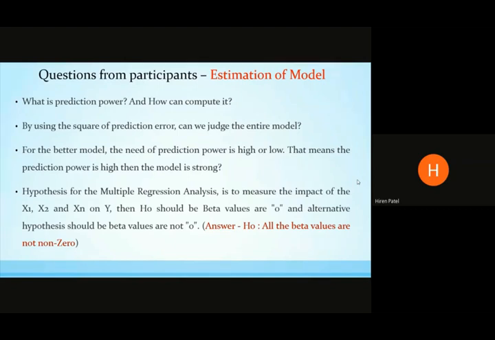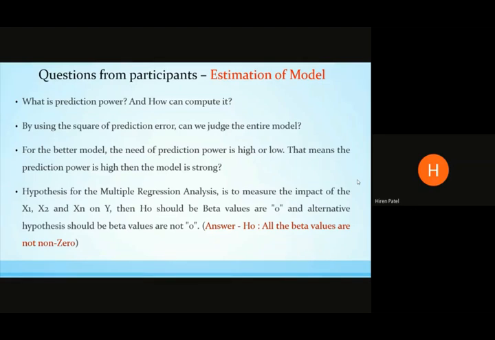However, we judge the model using the R square value, adjusted R square value, F, significant value of F, and for individual variables, significant value of T. Even after all these steps, we would like to validate the model using two different validation methods that we explained during the presentation, right? So it is not only by the single R square value that we judge the entire model. No, we don't do that.